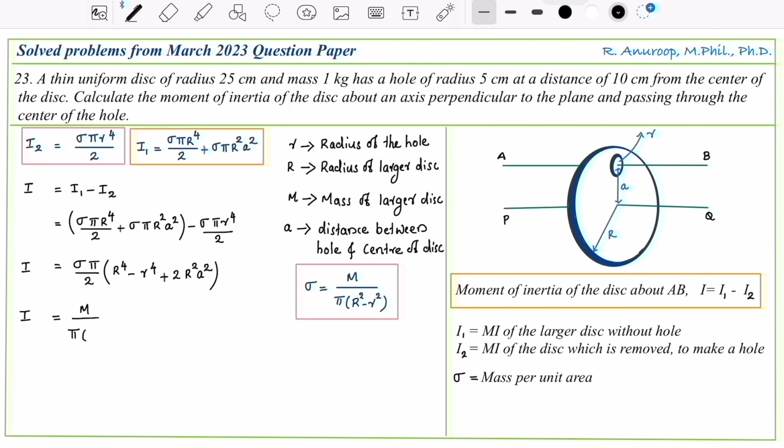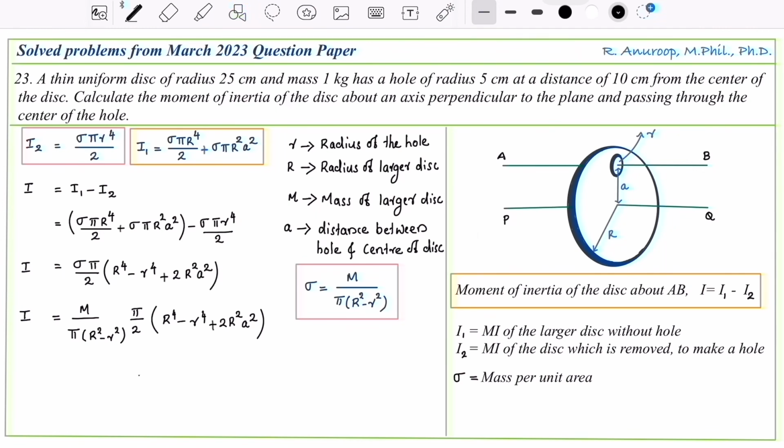Therefore, I is equal to M divided by pi into capital R square minus small r square, into pi by 2, then capital R raised to 4 minus small r raised to 4 plus 2 R square a square.